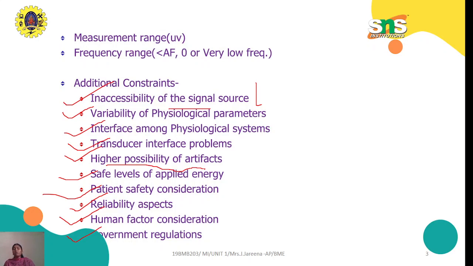Okay, and also so many things from the algorithm point of view, we have to strengthen in order to remove certain artifacts to have real valuable data. Okay, so these are the possible ways we can handle the artifacts.